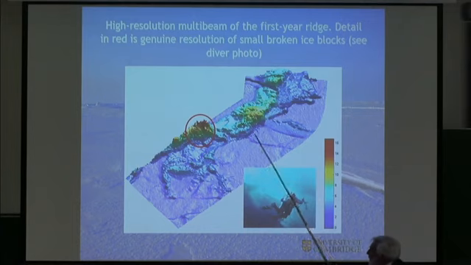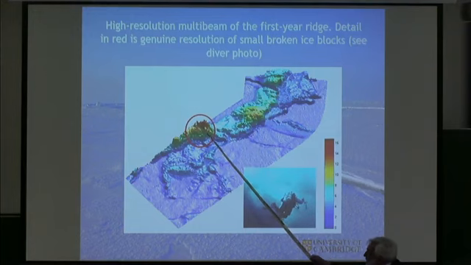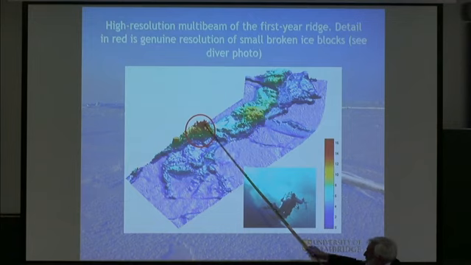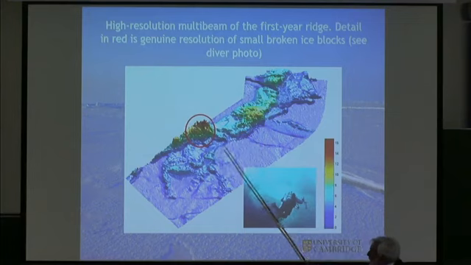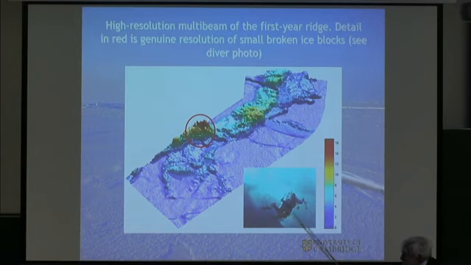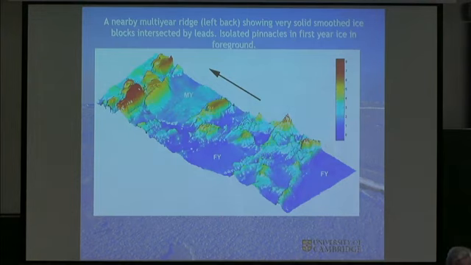So here's another AUV image. This was a ridge which only formed a week earlier, so we can see that the ice blocks that were pushed down to build the ridge still haven't consolidated, and you can still see the individual blocks sticking up, and the diver that we sent down could see these individual blocks. That's a very young ridge, and this is an older ridge.